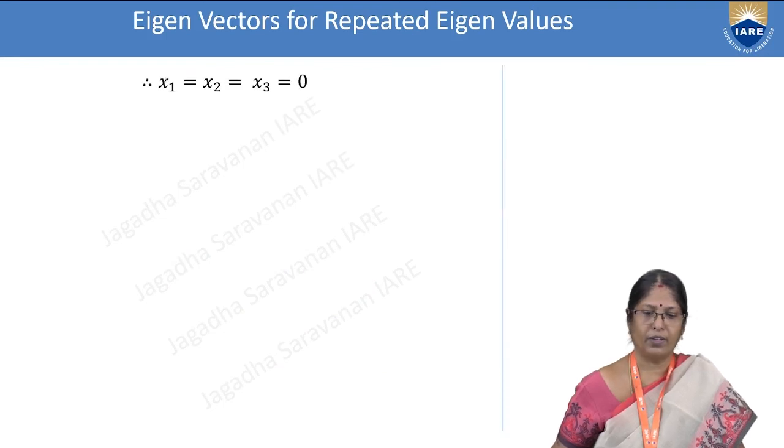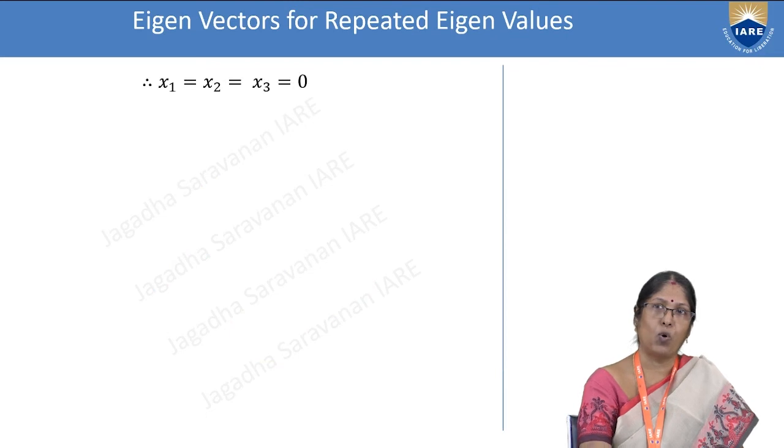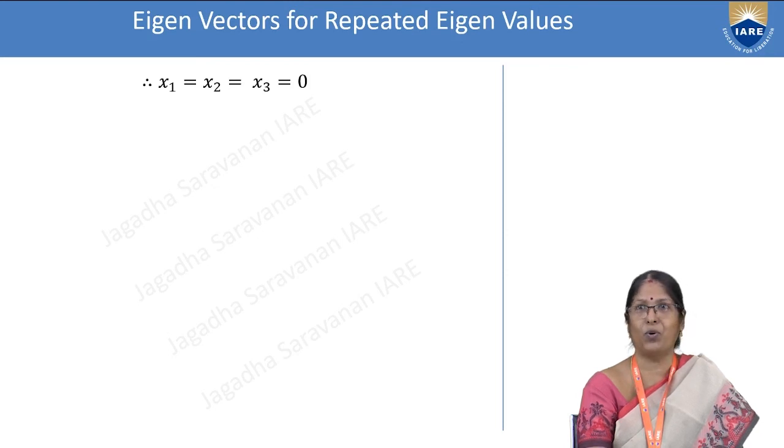That is the arbitrary constant. So, you can see here, we got the values all 0, 0, 0. Completely x1 equal to x2 equal to x3 equal to 0. That means 0 vector we are getting. But according to our definition, eigenvector is a non-zero vector. So, it is not possible.